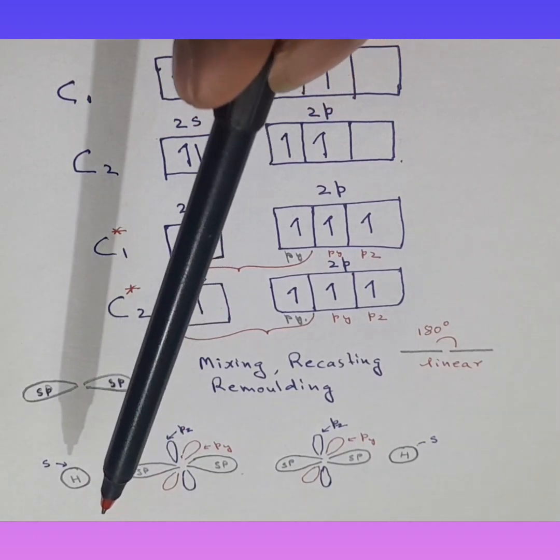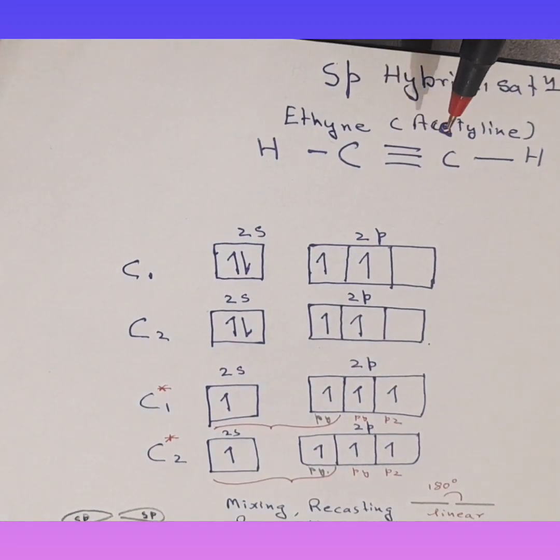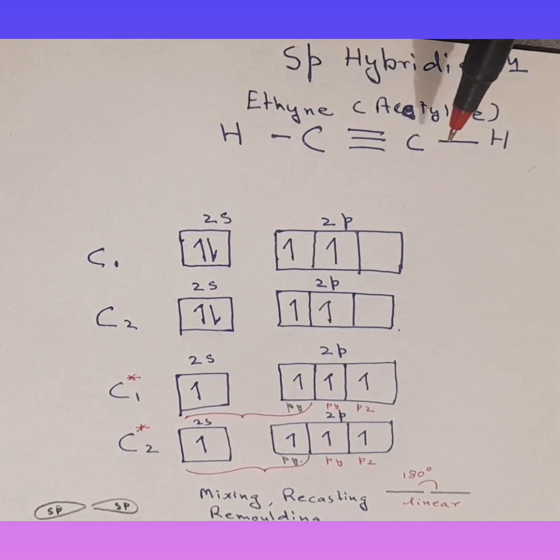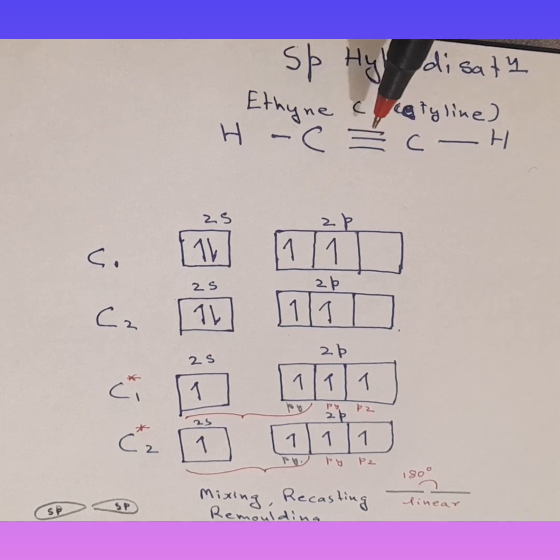I am sure now you would be able to categorize these. Let's take the one at the center as a sigma bond, and these two as pi bonds. What are the types?